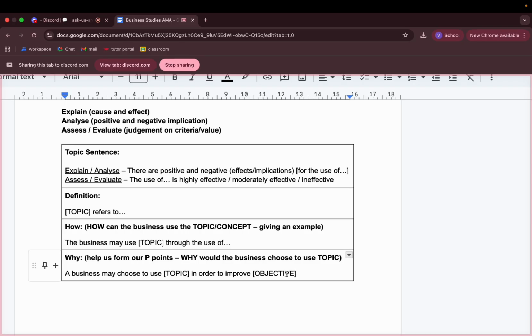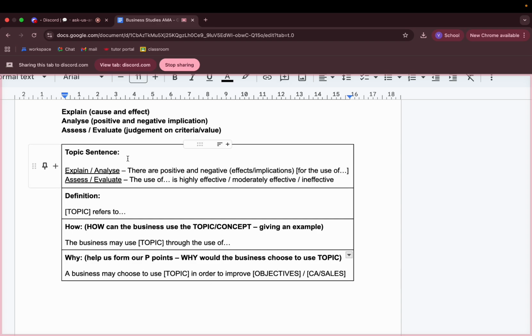We would want to link it to a few of those objectives to improve those objectives. Or we could link it to general business objectives, which could be, say, competitive advantage, or even just revenue and growth. So revenue and sales, something more general that could apply to all the topics, all the sections of the syllabus. All right, that's the why.